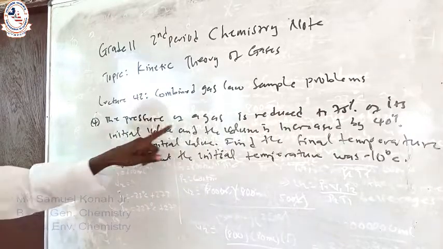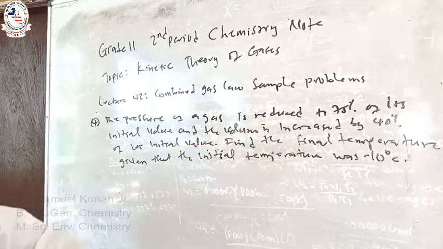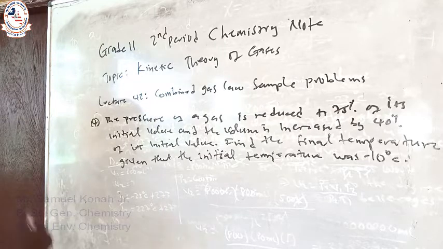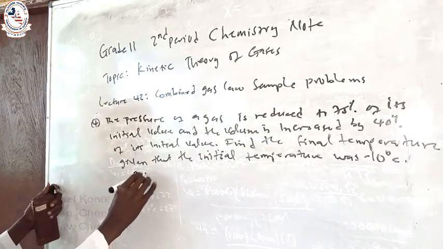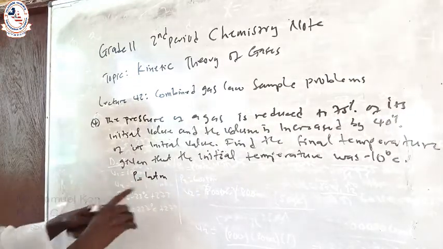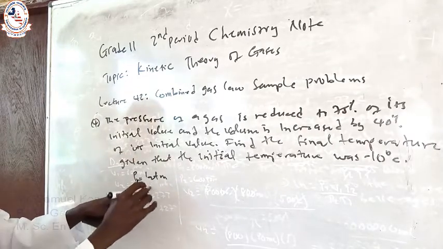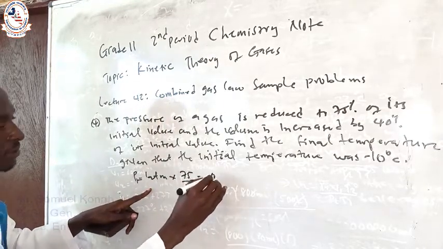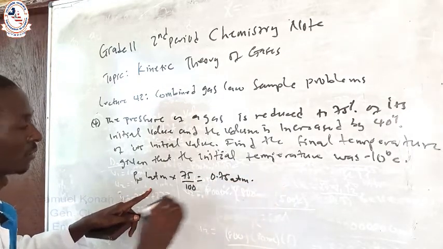So here we are asked to calculate. They say the pressure of a gas is reduced to 75% of its initial value. So what would be the initial value of the pressure? The initial value of the pressure is 1 atm. So we find 75% of this 1 atm to be our P2. So P1 is 1 atm, times 75 over 100, we'll have 0.75 atm to be equal to our P2.